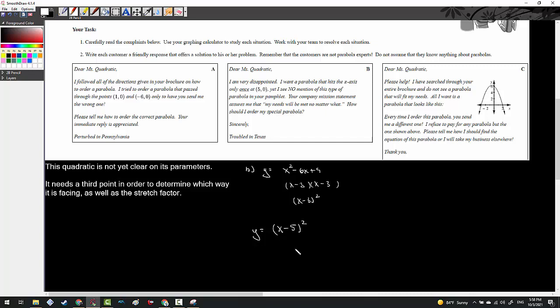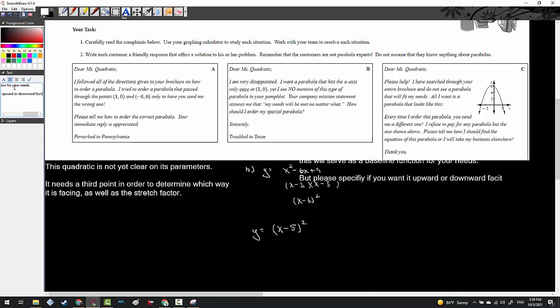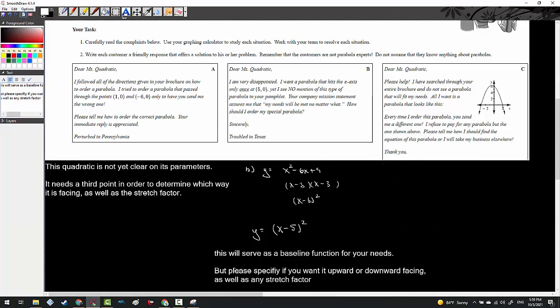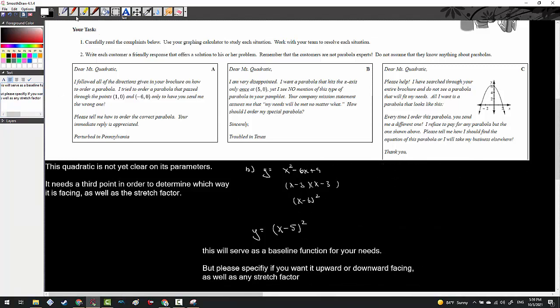So I would say this will serve as a baseline function for your needs. But please specify if you want it upward or downward facing, as well as any stretch factor. That should get them by at least on what they want for the 5, 0 intersection. The rest of that is going to have to be up to them.